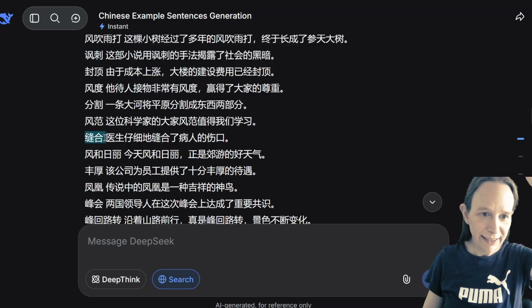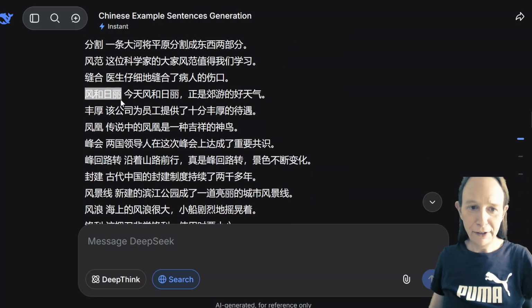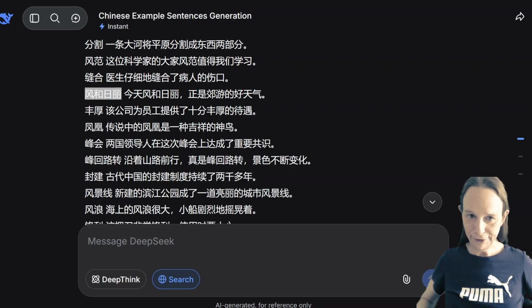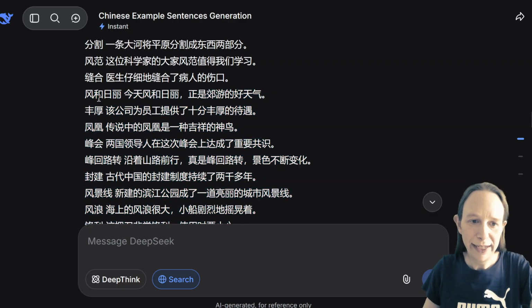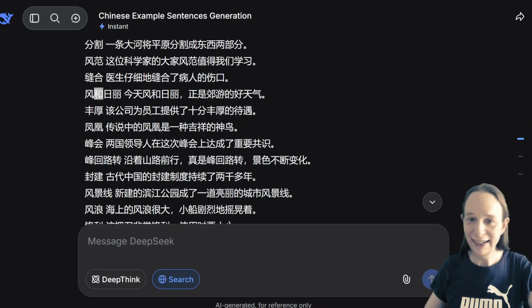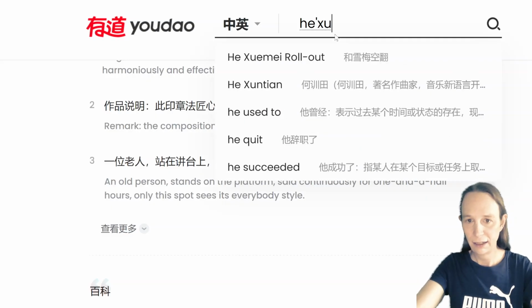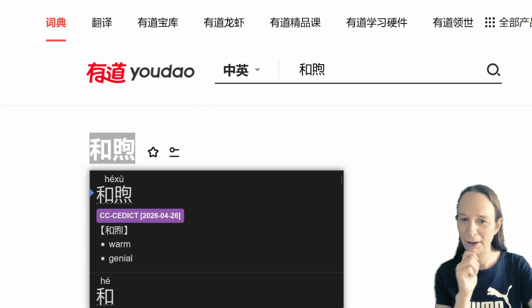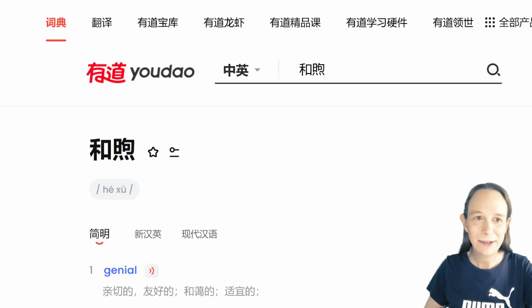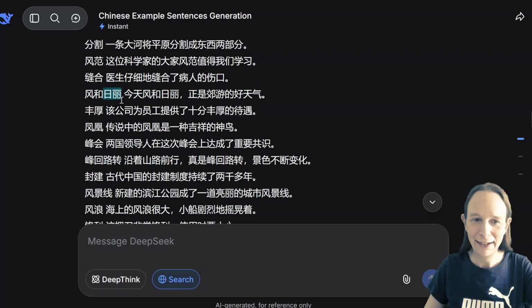Where were we? Okay. 风和日丽. This describes scenery. So wind 和. Yeah, so this 和 is 和煦的和. 和煦. Warm, mild. 风和日丽.